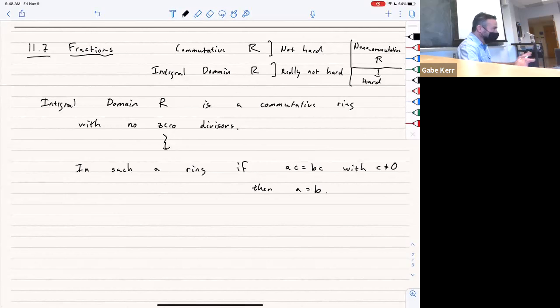You cannot divide in rings. Divide in rings, you're in fields, and that's a much different and easier subject. That means you can cancel.